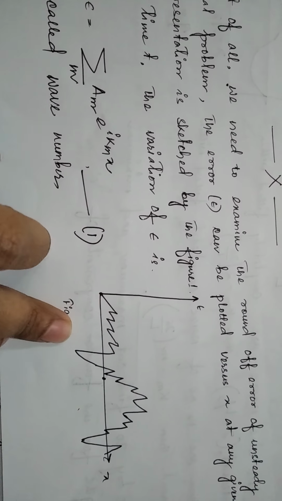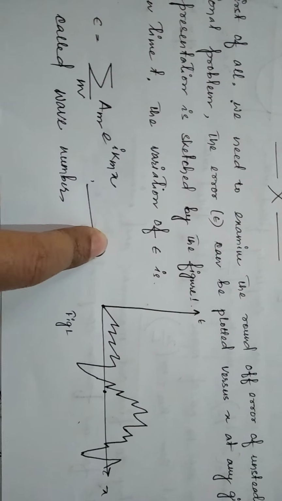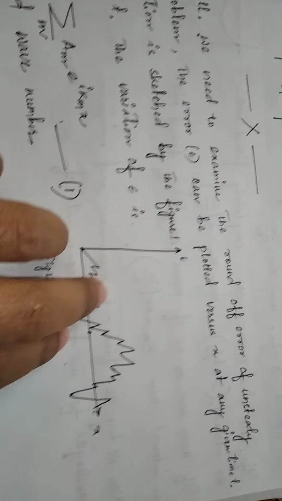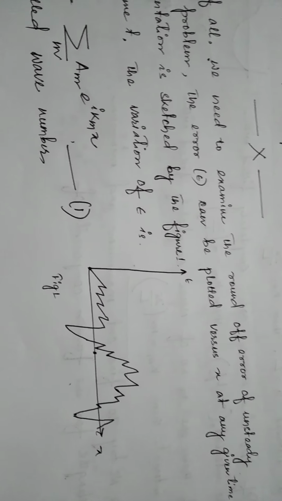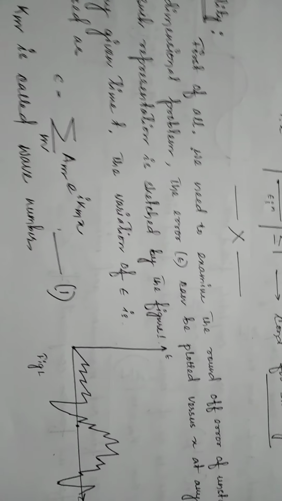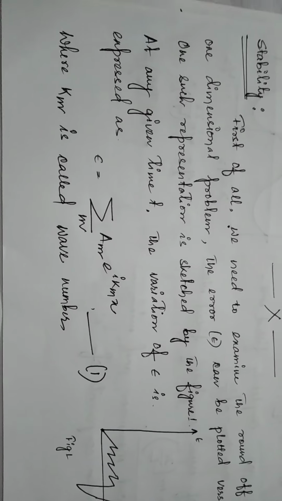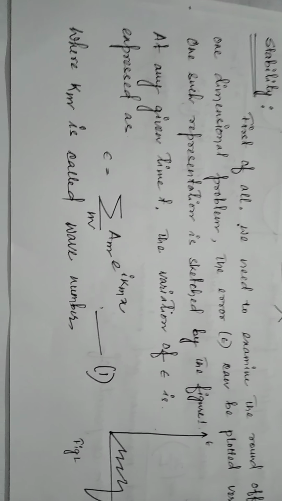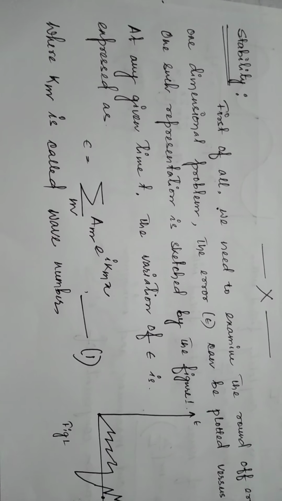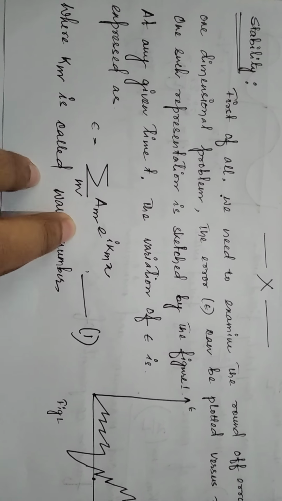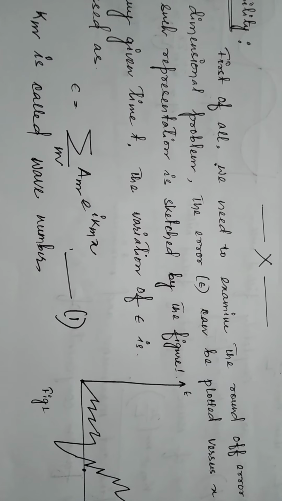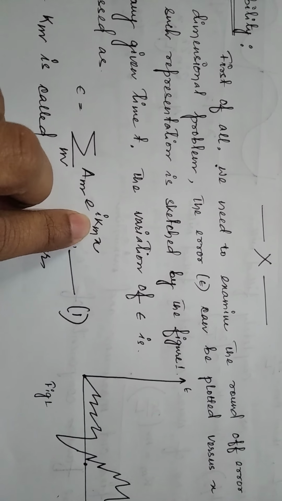With this behavior, using the Fourier series concept, we assume that the error is of the form where A is the amplification and Km is the wave number.